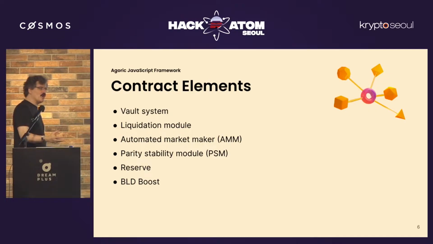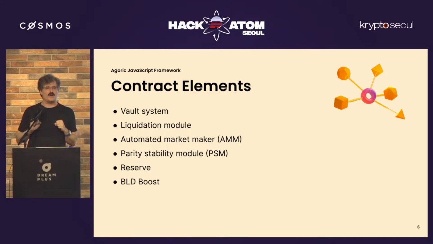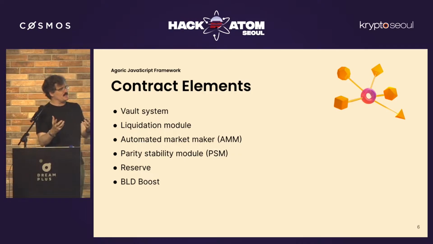Okay, so IST is built using the framework of Agoric, and so it comprises several smart contracts or components of smart contracts that all work together and plug together. So the list is here. The Vault system is a MakerDAO-like CDP, and I'll talk a little bit more about that. There are contracts for doing liquidation that are reusable.